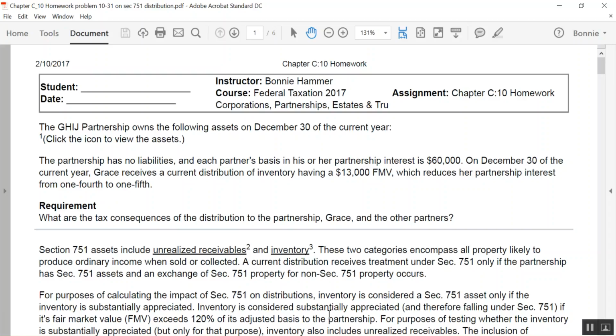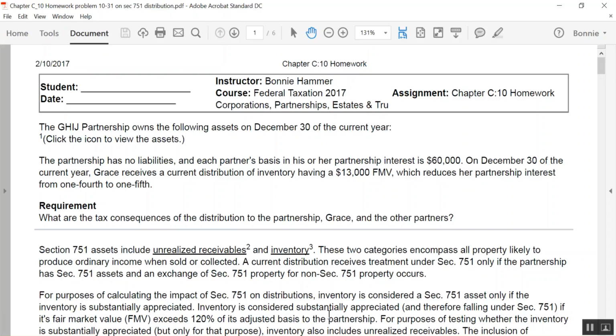So this situation only occurs where the partnership has both kinds of assets, 751 and non-751 assets, and the distribution is disproportionate. Okay?